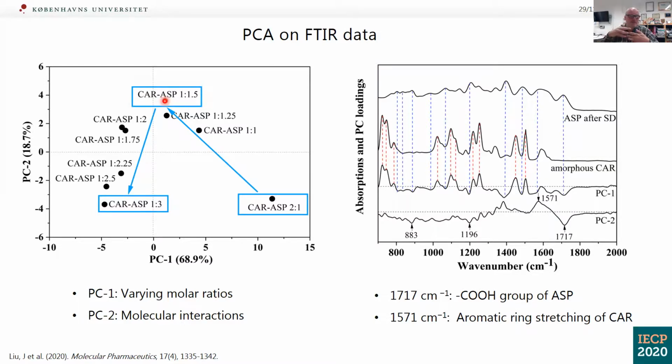So the amorphous salt forms, but then excess aspartic acid acts as a co-former now to the amorphous salt, and that leads to a co-amorphous system at 1:1.5 with the highest stability.